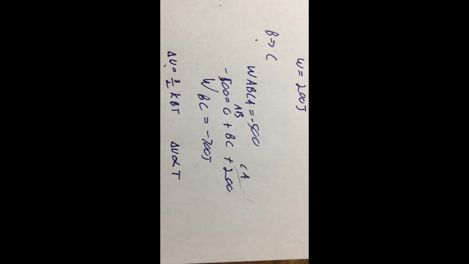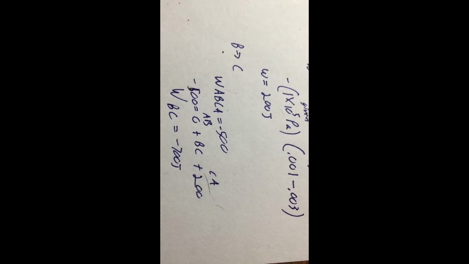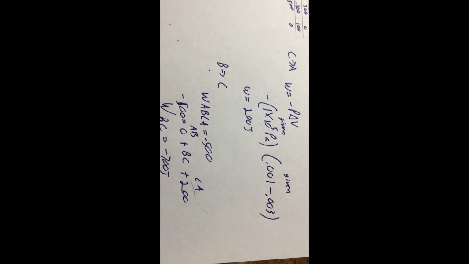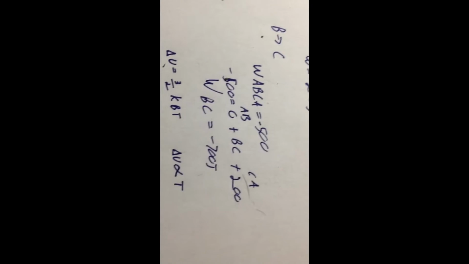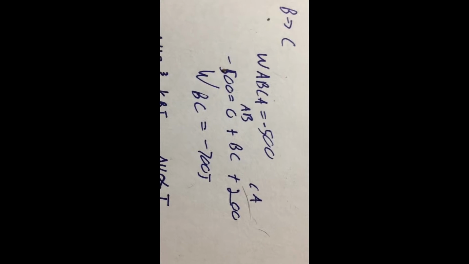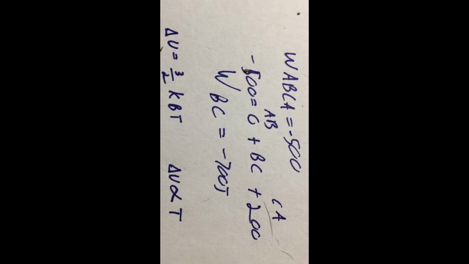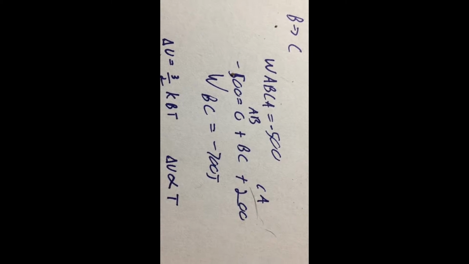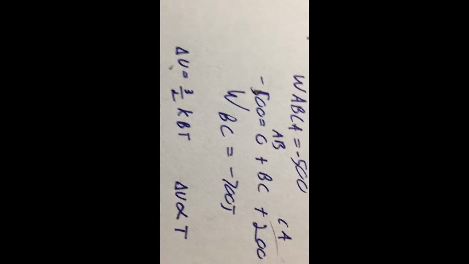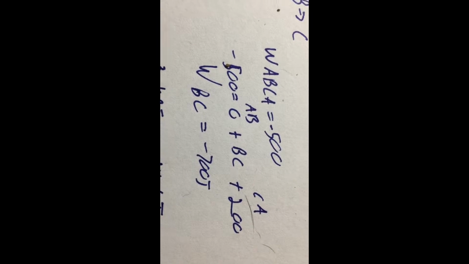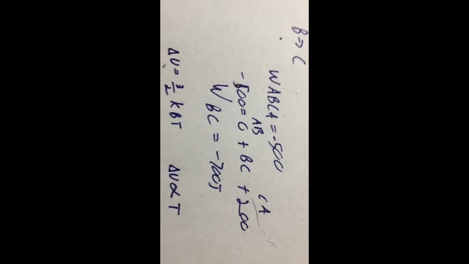That means that work equals 0. And then you just found out what the work from C to A is. It's 200, so you plug that in there too. And then you can find what the work from B to C is. You find that it's negative 700 because the total is negative 500. And then you just plug that back in too.